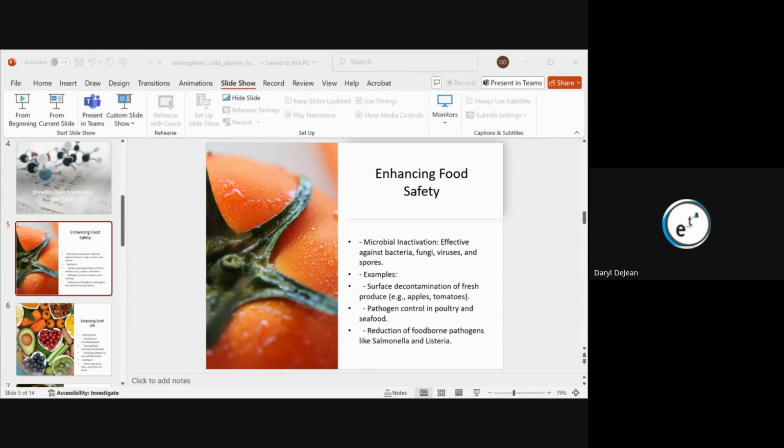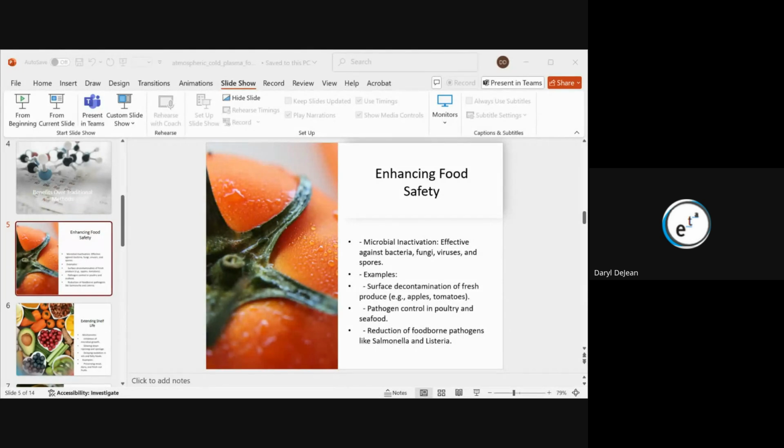Non-thermal plasma is becoming very fast the number one go-to treatment because of the lack of impact on the food itself and the impact of increasing the shelf life, letting you be able to increase export and import opportunities. So I gave you the example of salmonella and listeria, but this technology is so effective.